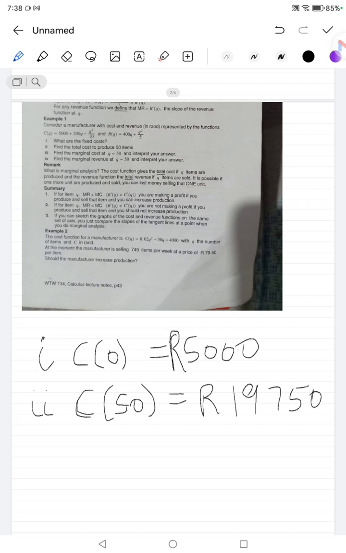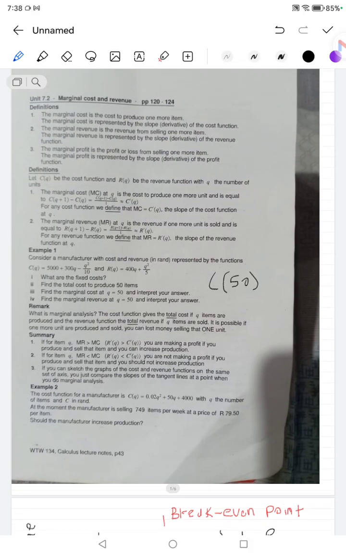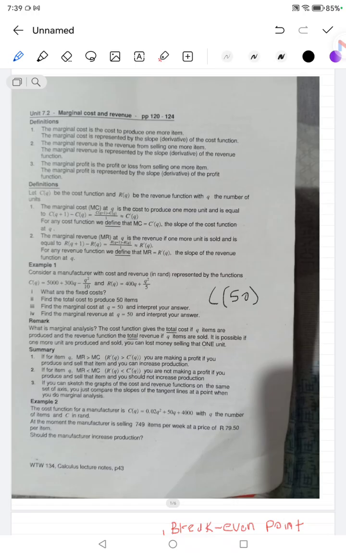Marginal cost, if I'm not mistaken, is the one where you have to find your derivative. Yes, you have to determine your derivative, and also your marginal revenue.